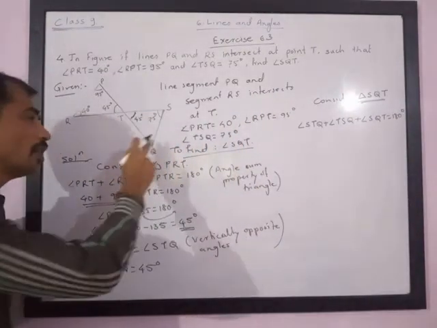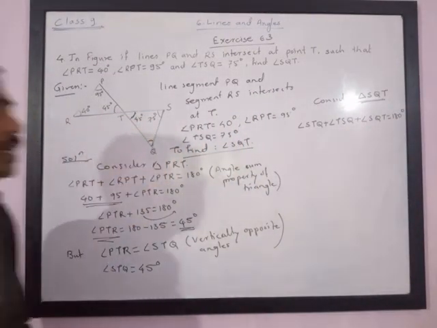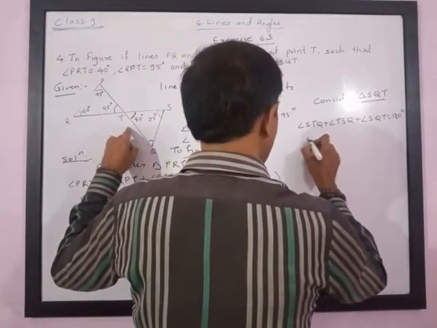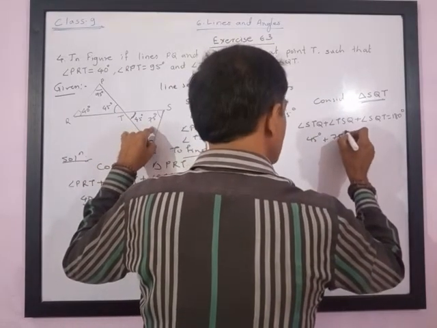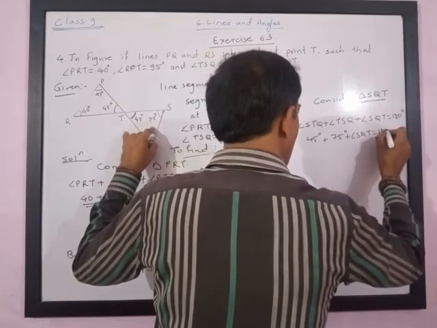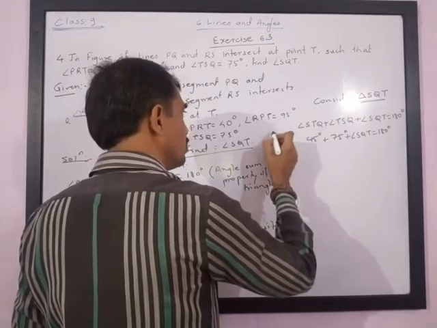We have added all the three angles and the sum of the three angles must be 180 degrees. So we will get STQ is 45 degrees plus TSQ is 75 degrees plus angle SQT is equal to 180 degrees. Here we have used the angle sum property of triangle.